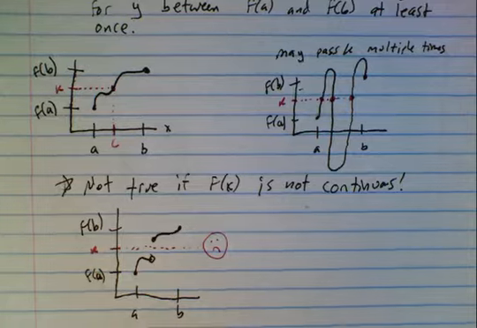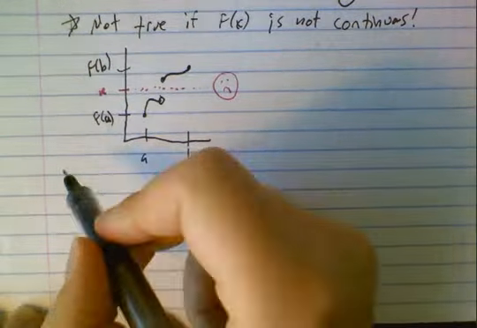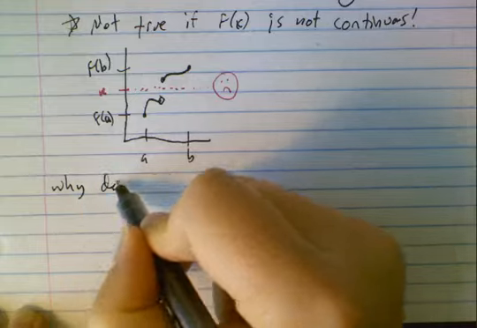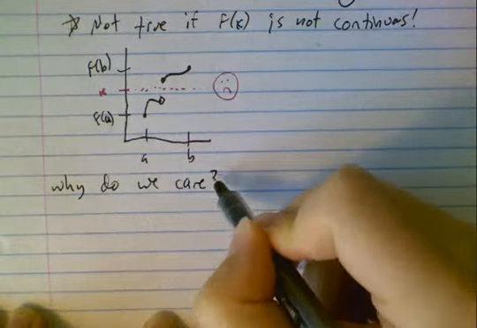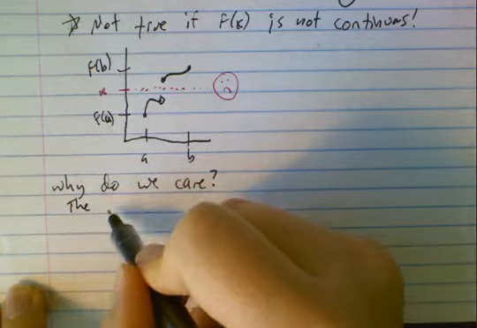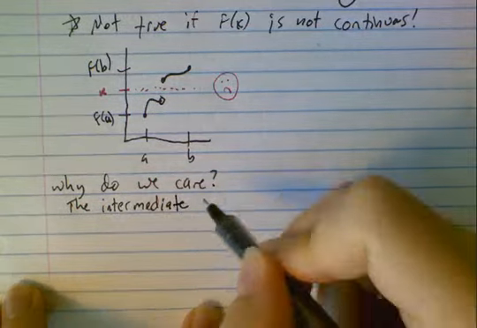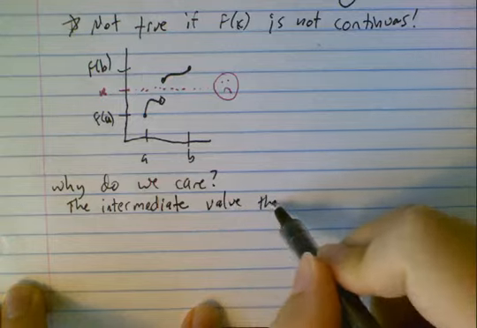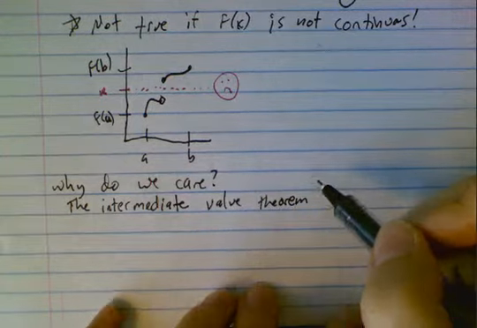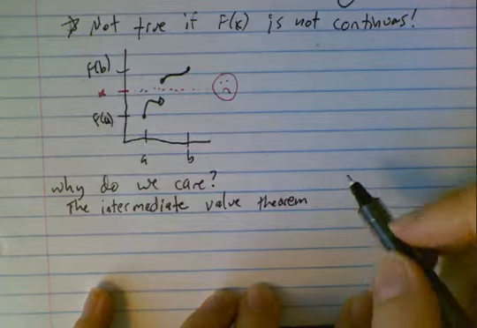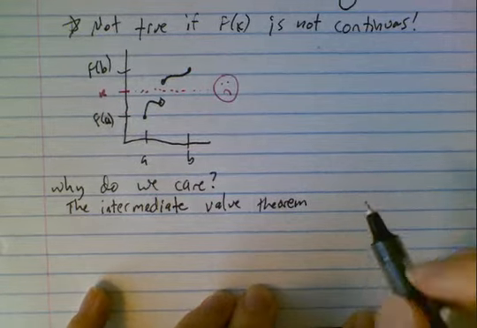Okay, this is spiffy, but why do we care? The intermediate value theorem is particularly useful for narrowing down where the zeros of a function are.